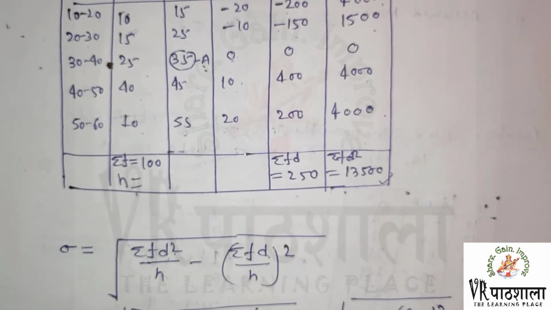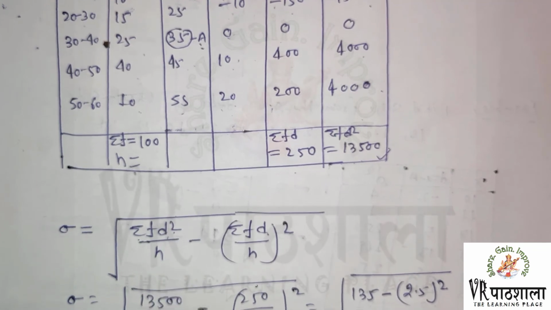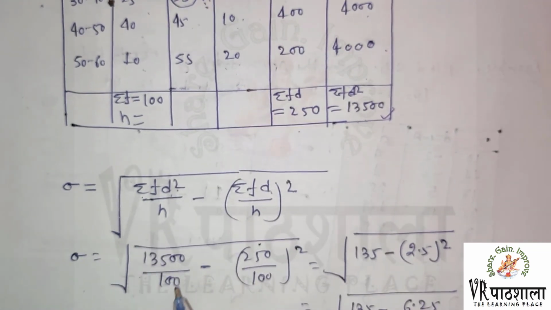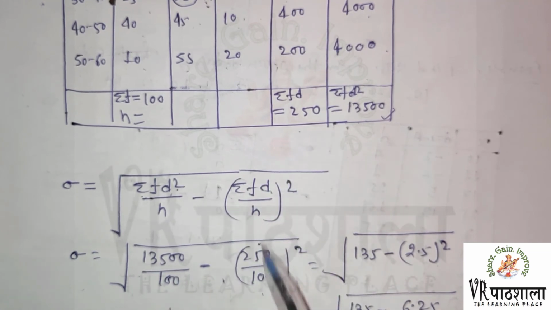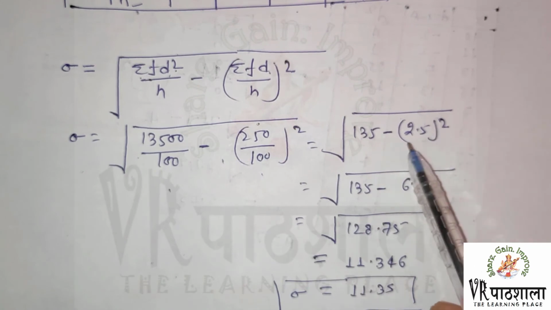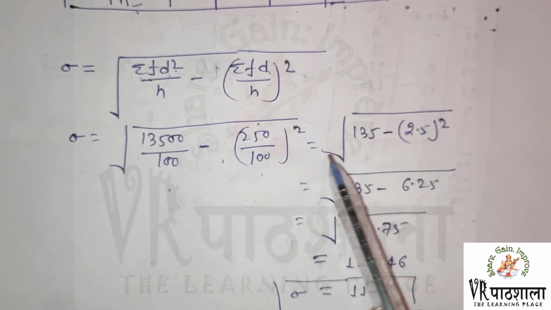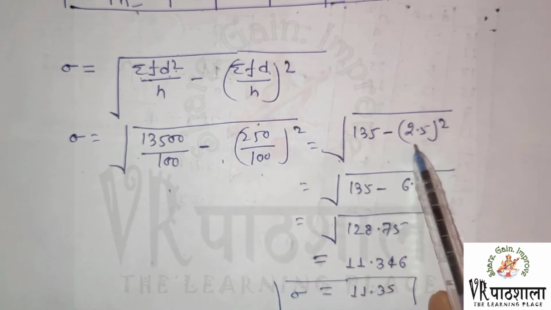Now putting these values in the formula of standard deviation: summation fd square is 13,500, n is 100, minus summation fd, which is 250, over n, which is 100. Now we easily calculate: 135 minus the square of 2.5.